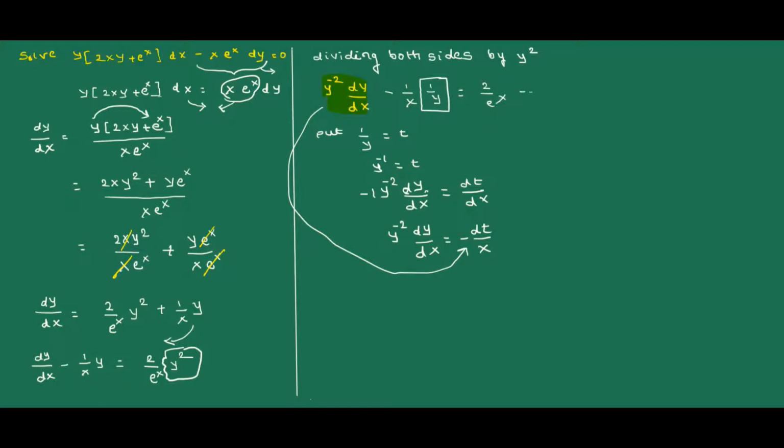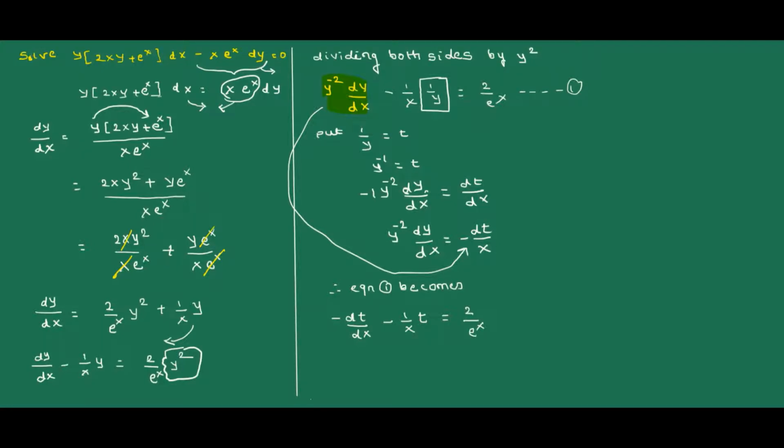Therefore equation 1 becomes, I will say this is equation number 1, minus dt by dx minus 1 divided by x into t, because 1 by y value is equal to t, is equal to 2 divided by e raised to x.